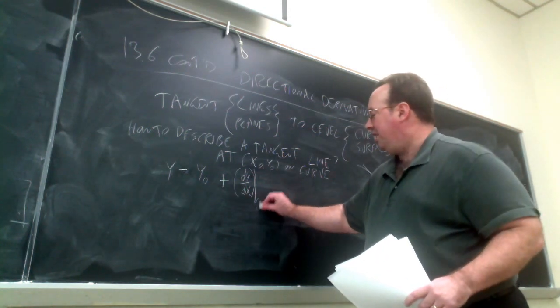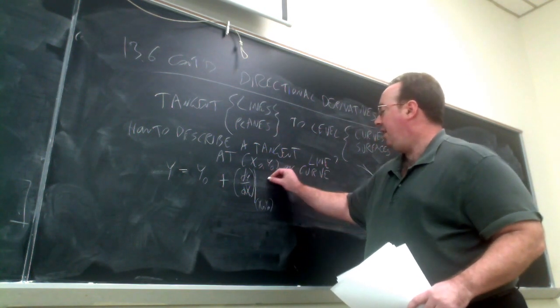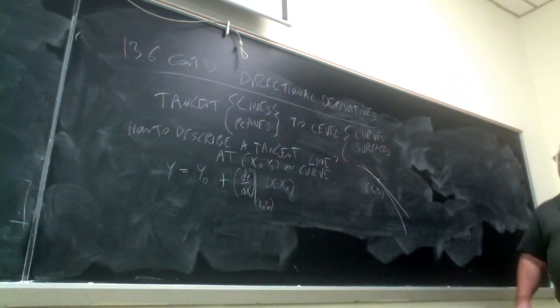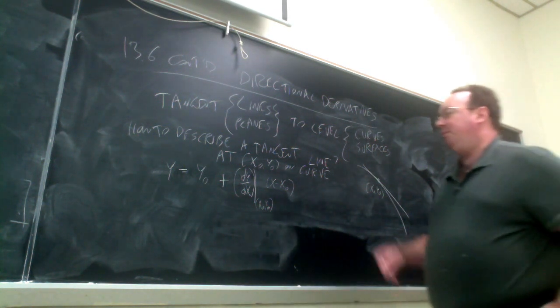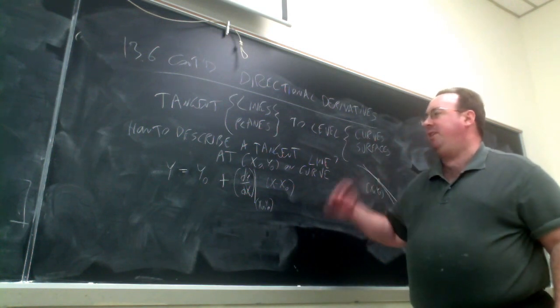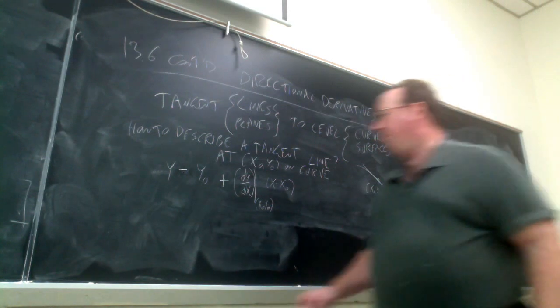We want dy dx at this point, x naught, y naught, times x minus x naught. So no matter how your curve is described, that is how you describe your tangent line. Y equals your y value plus your dy dx at that point times the change in x, x minus x naught. Basically, this is point slope form. But then how you fill it in from there depends on how the curve is described.